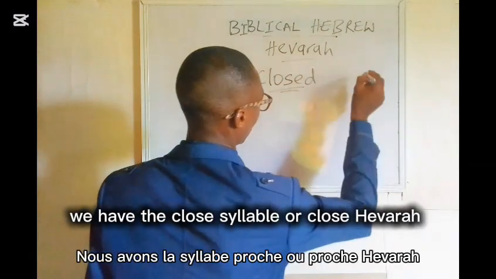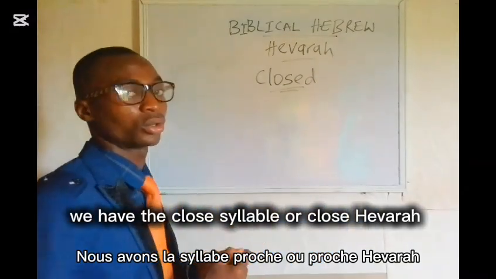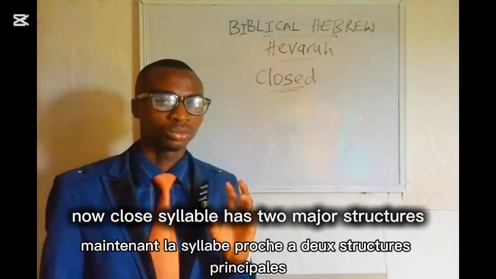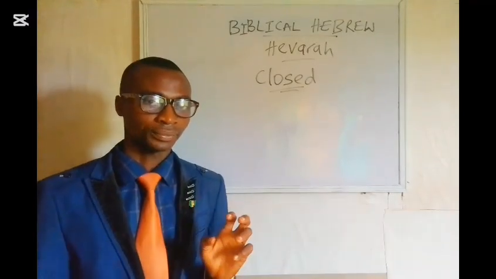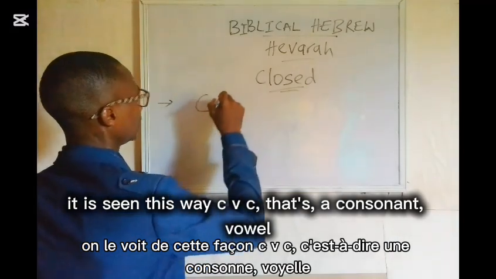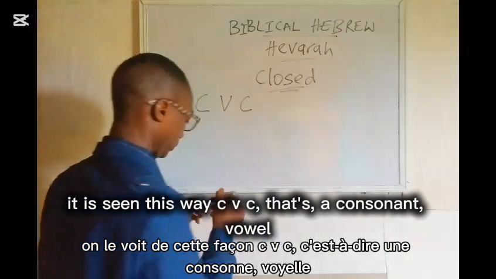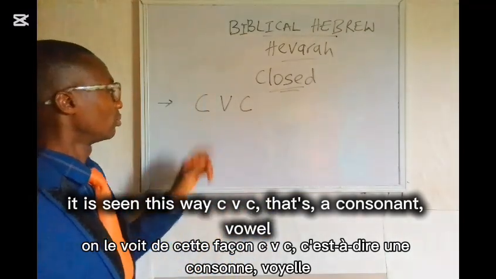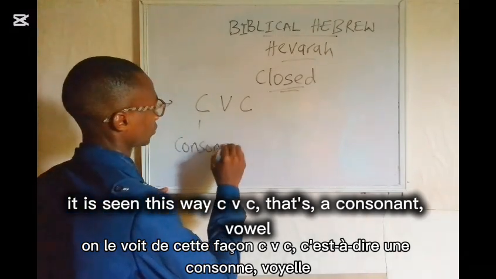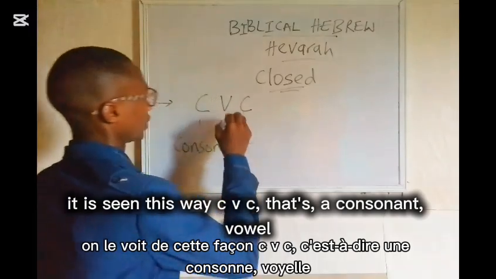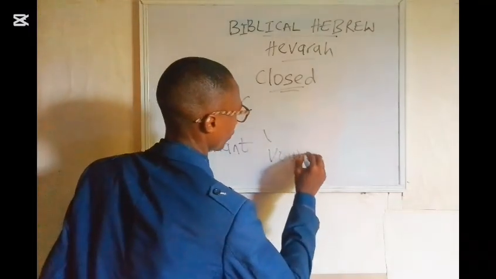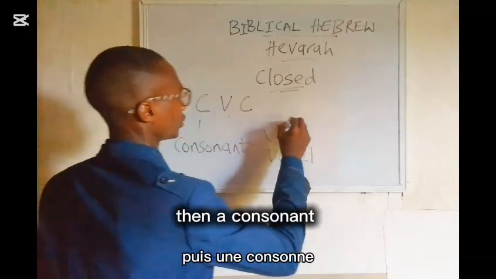We have the closed syllable, or closed Hevarah. Now, the closed syllable has two major structures. It is seen this way: C, V, C. In other words, a consonant, then a vowel, then a consonant.